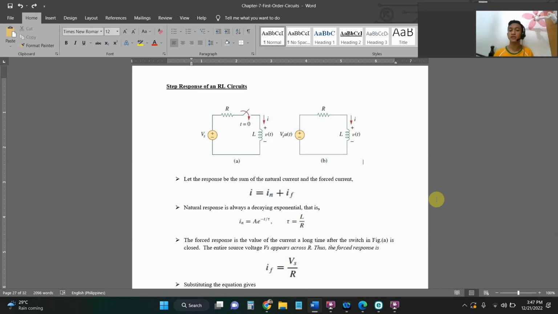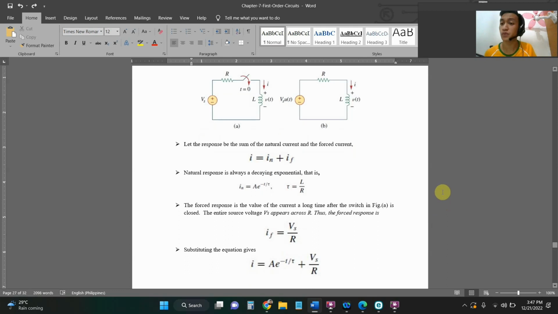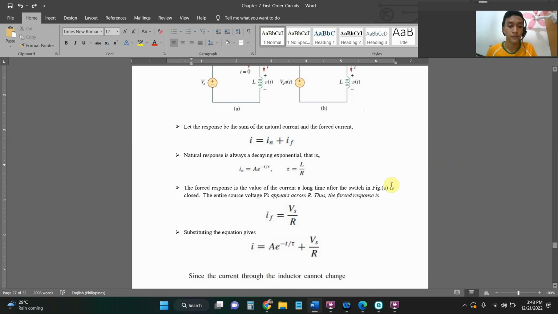The natural response is always a decaying exponential, so i sub n equals A e to the negative t divided by tau. In an inductor, tau is L divided by R, which is quite different from the capacitor, where tau equals RC.